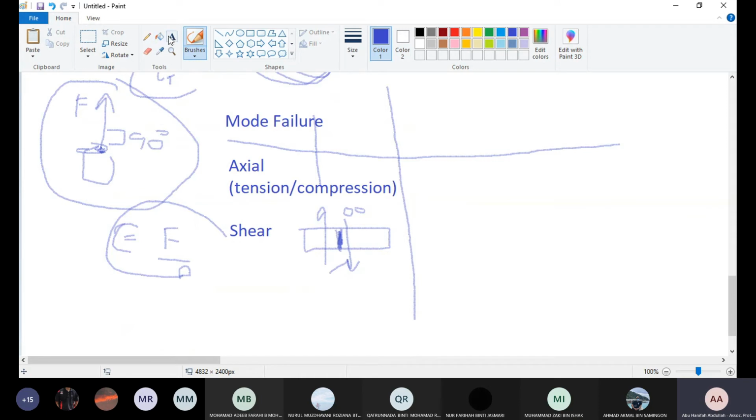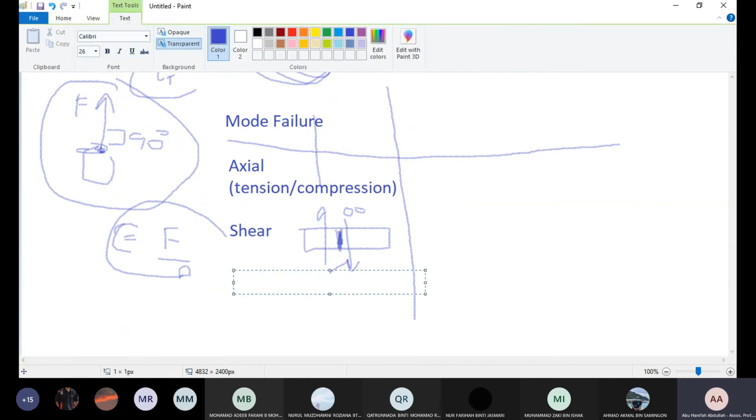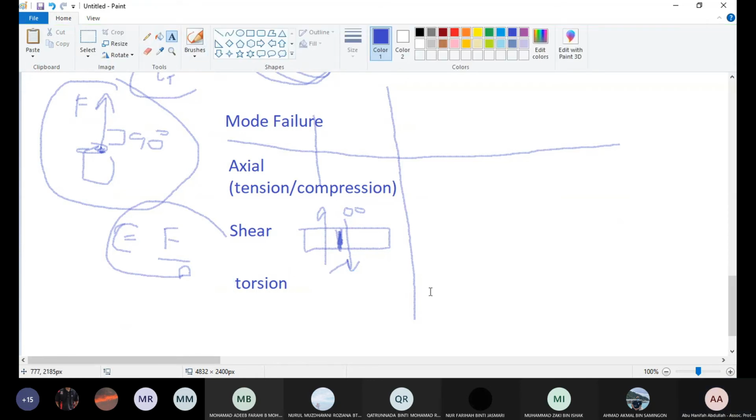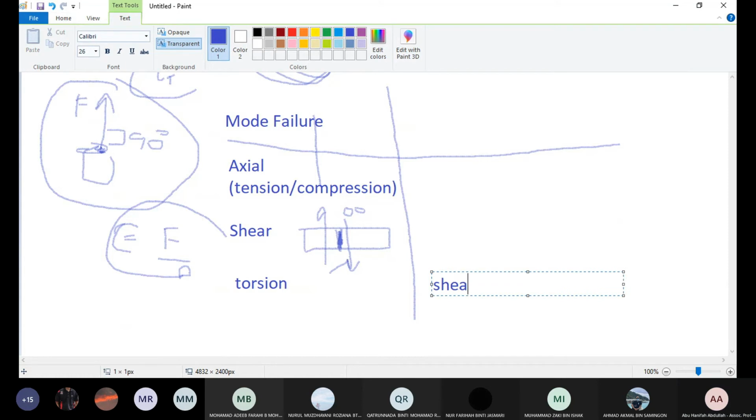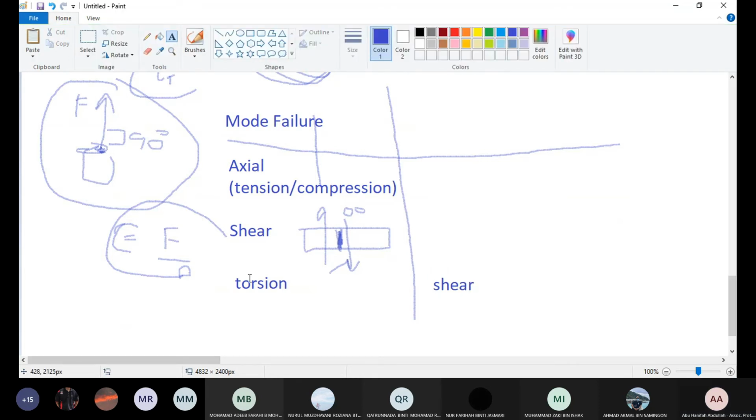Okay, now we have another one. We have torsion. Torsion also gives you shear. We have another one, bending.